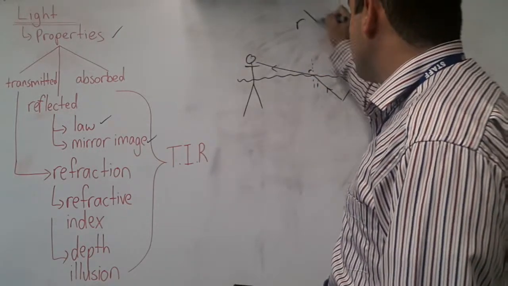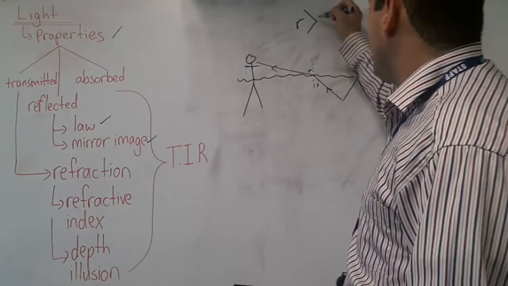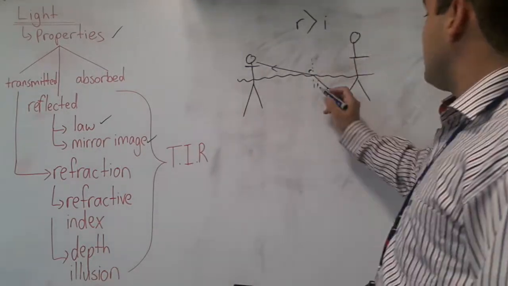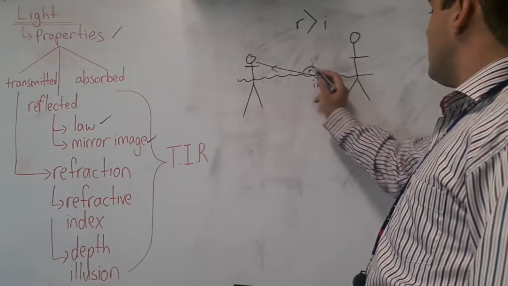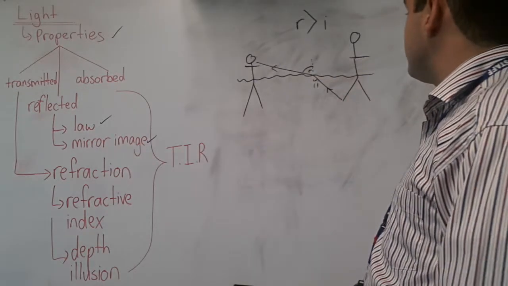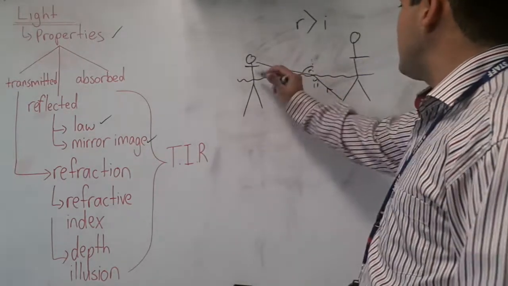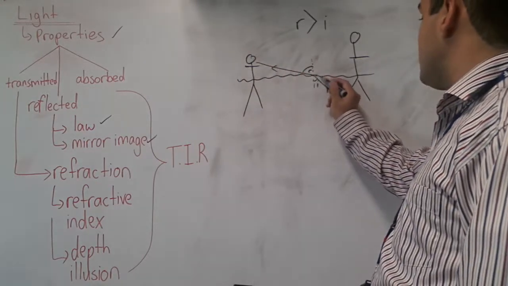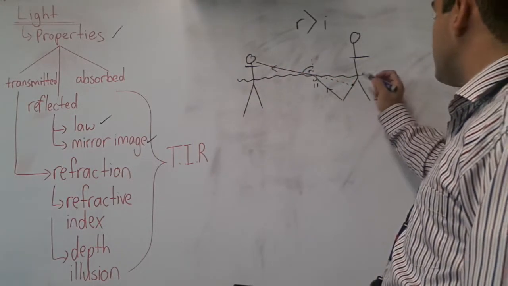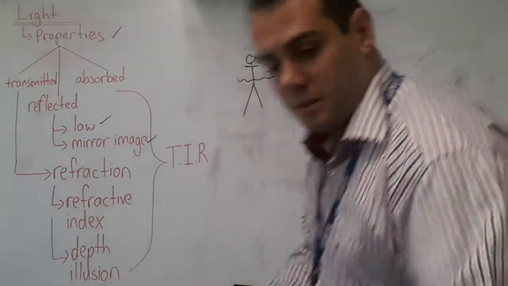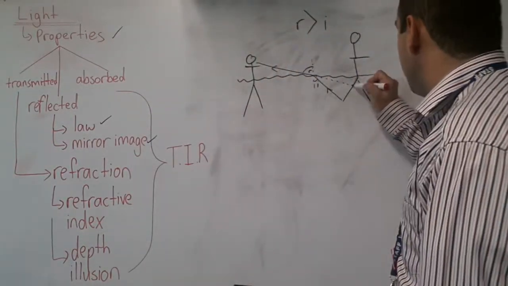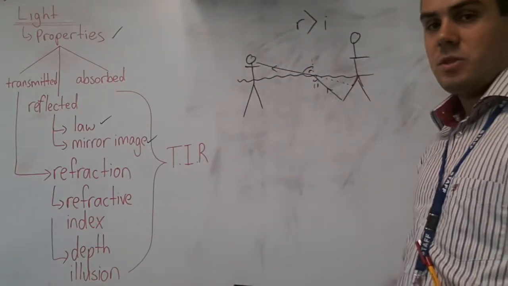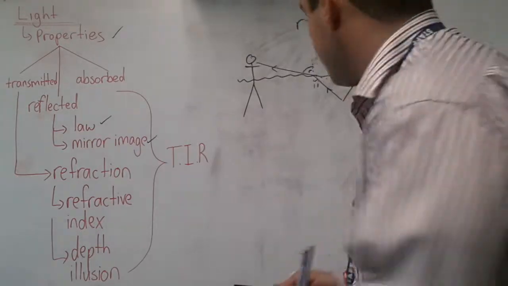Your angle of refraction, not reflection, is going to be greater than your angle of incidence. Which means you're going to think that your friend's legs are somewhere here. So what you see is something like this. Where your friend's legs are like that. So you just assume that your friend's legs are short.